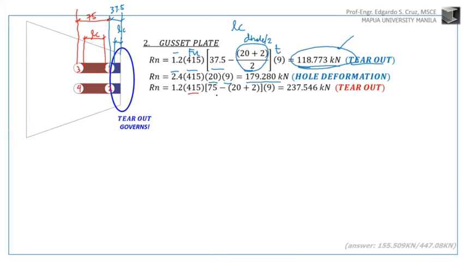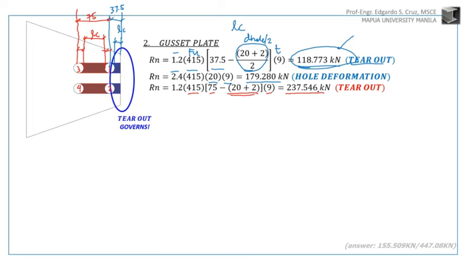Kaya yung LC natin is 75 minus isang diameter ng hole. Bakit? Kalahati dito sa kaliwa, kalahati rin dito sa kanan. Kaya that makes it isang buong diameter ng hole. Then times thickness, so we got 237 for tear out.